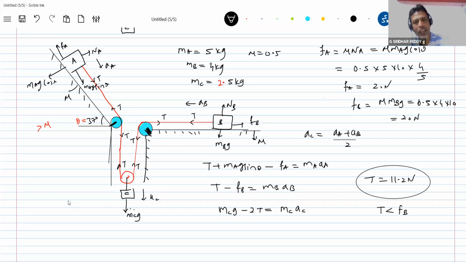But we assumed that block B will shift, no? But we ended up with the answer 11.2 Newton. So what should I interpret now? In fact, block B will not shift. The friction acting will not be limiting on block B; it will be static friction. Only A and C will move.